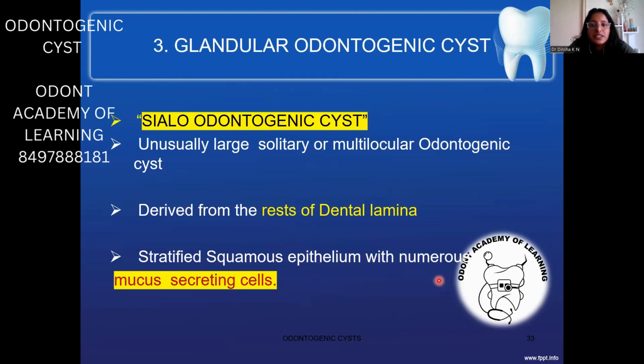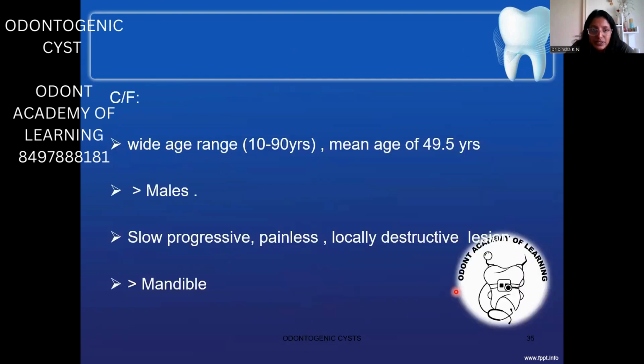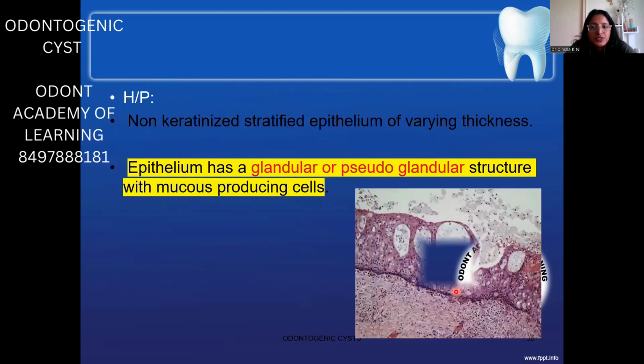As the name says, it will have more glandular cells or mucus-secreting cells seen over the epithelium. Radiographically, you would see well-defined multilocular radiolucent appearances. A wide age range of around 10 to 90 years, more in males again, which are slowly progressive, painless, and locally destructive lesions, more commonly seen in the mandible.